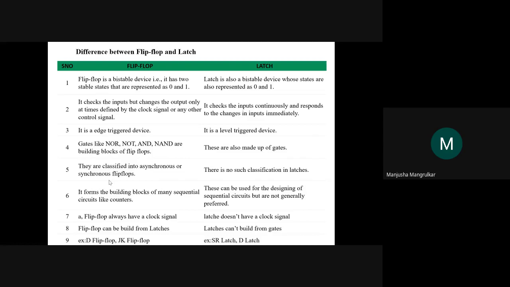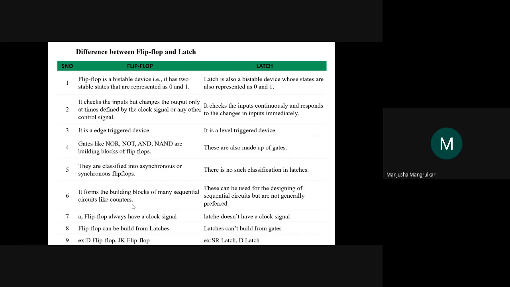Just now we have seen that flip-flops are of two types, asynchronous and synchronous. Asynchronous means the clock pulse is different. Synchronous means the clock pulses are the same, right? There is no such classification in latches. Latches don't have any classification, right? It forms a building block of many sequential circuits like counters and so on.